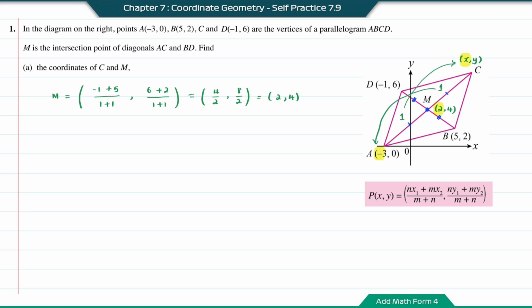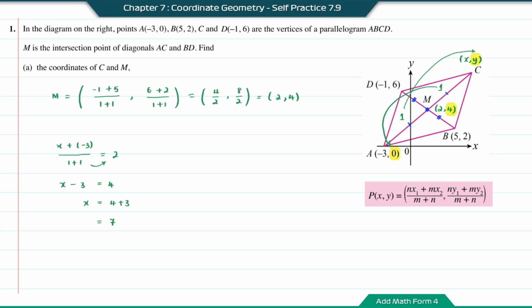So when we sum up the x coordinates for the points C and A, which is x plus -3, and divide by the total ratio 1 plus 1, this will give us the x coordinate of the point M, which is 2. So x minus 3 is equal to 2 times 2, which is 4. So x is equal to 4 plus 3, which is equal to 7.